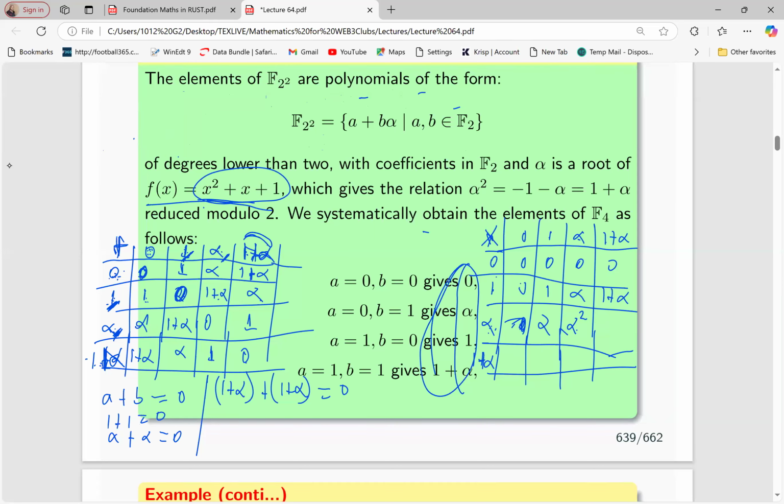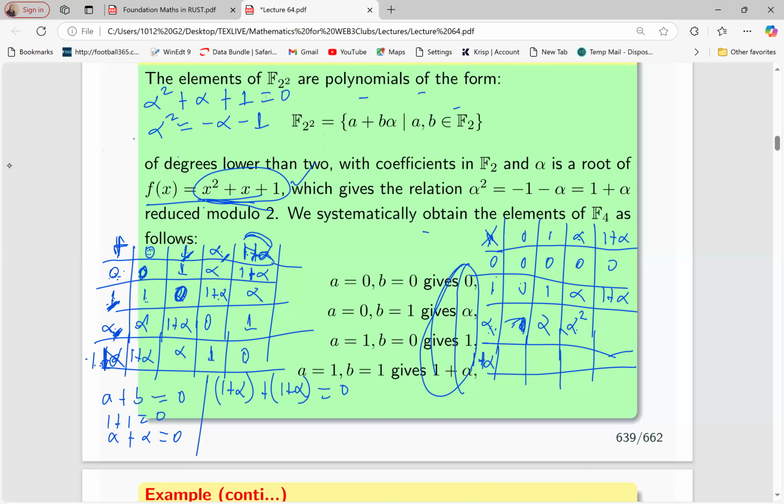If alpha is a solution to this polynomial, then we would find that alpha squared plus alpha plus 1 is supposed to give us 0. So what then is alpha squared? Alpha squared, therefore, is minus alpha minus 1.